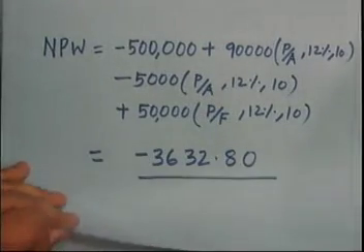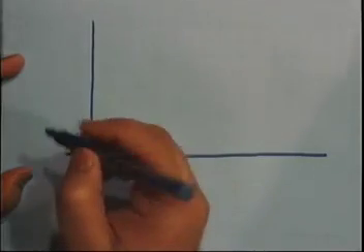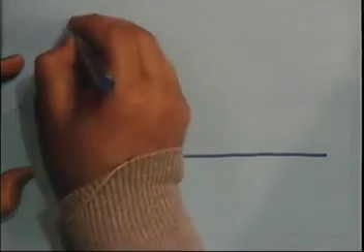Now, I will show you how this spider web diagram looks. On one axis, we are writing net present worth, NPW, maybe on the y axis.